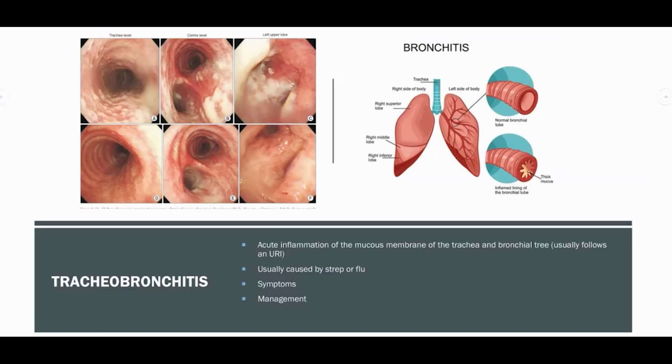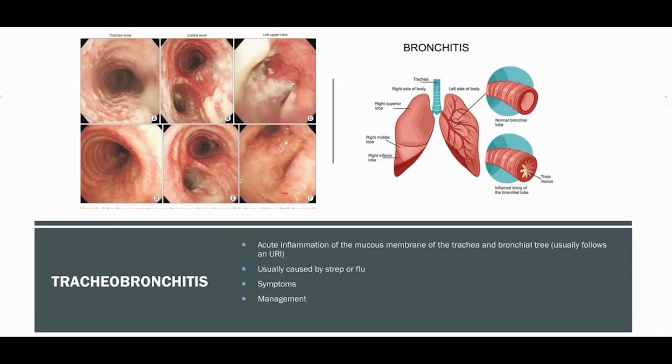Respiratory infections: tracheobronchitis is just a bronchial infection. It's slightly different from pneumonia, which we'll talk about, but this is more in line with acute inflammation of the mucous membranes around the trachea and the bronchi, the large airways. This is what usually follows an upper respiratory infection. If I get the common cold, rhinitis, and it progresses to a lung infection, it doesn't usually go straight to pneumonia.